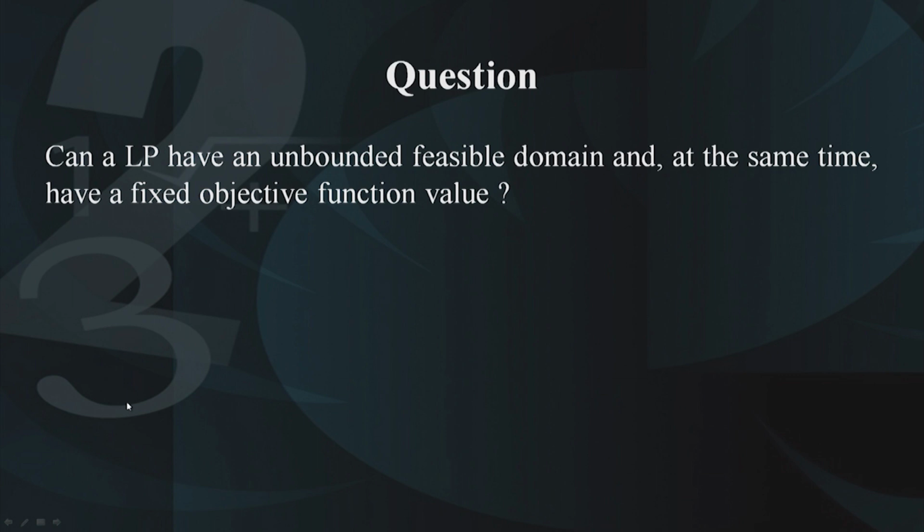One is that the feasible domain is unbounded, and the second is that the objective function value goes on to infinity, as we have seen in the previous example. But at the moment I am asking you, is it possible that an LP has an unbounded feasible region and at the same time its objective function value is finite, that is, it does not go to infinity, and in fact it becomes fixed?